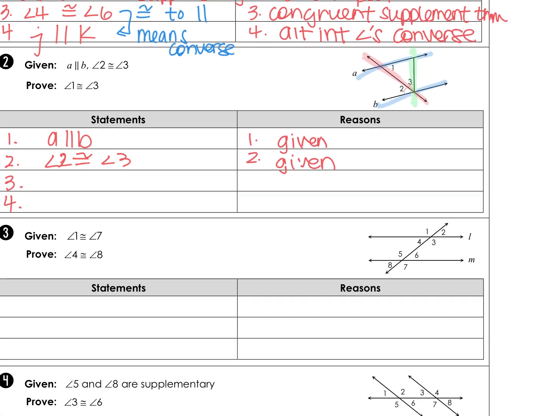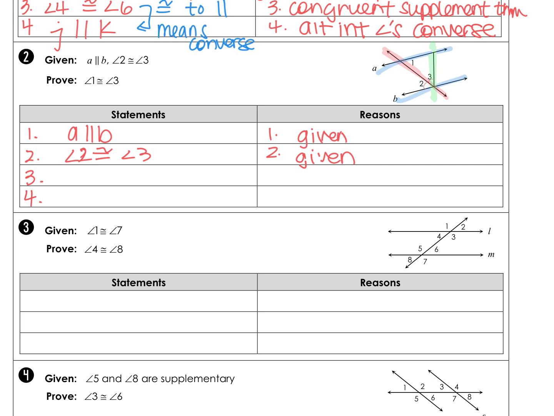So let's write those down because that is concrete. That's something we know. Alternate interior angles are congruent or supplementary? Congruent. So we're going to say angle 1 is congruent to angle 2. Now, here's the difference between converse and definition.